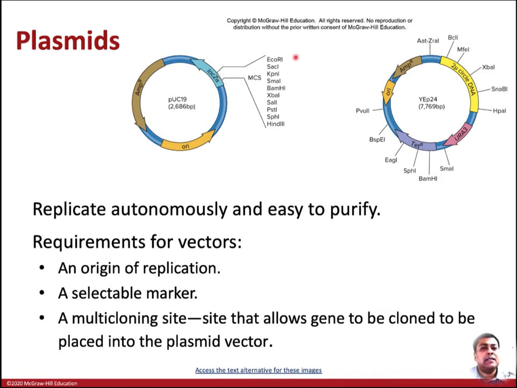And what is the reason for having this multiple cloning site? It gives all the researchers a choice that you can use a combination of any of these enzymes to cut your sample DNA, and you can cut the vector with the same restriction enzymes, and they will produce the same sticky end, and they will be able to join those.